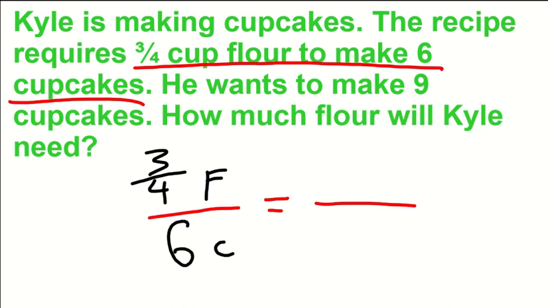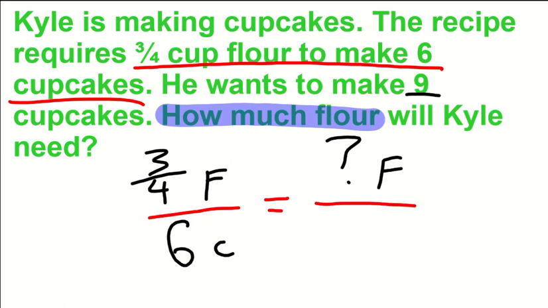It's asking us how much flour, so what we're trying to find is the amount of flour. You see I make my flour match, both on top, on each side. The other number they give us is the 9 cupcakes, so that has to match with the cupcakes. That's how the proportion looks for this one.